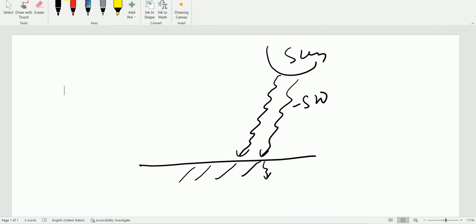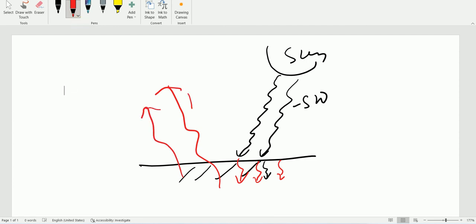The sunlight will be absorbed by the surface of the earth, and the surface of the earth will be heated. Again, the heated earth will radiate back long wave terrestrial radiation. It is also known as infrared radiation.